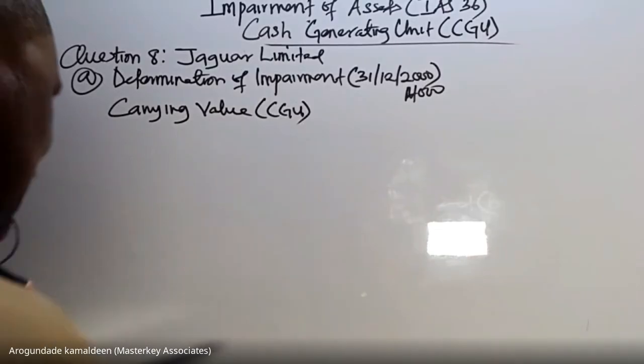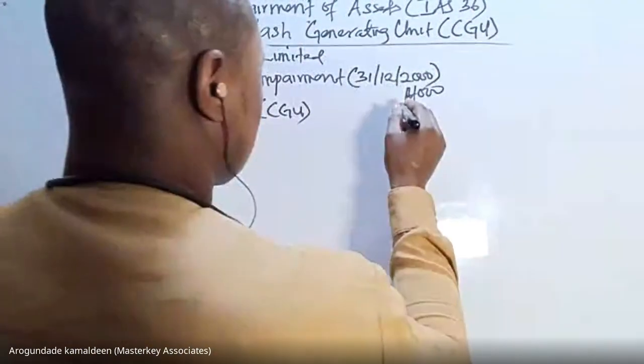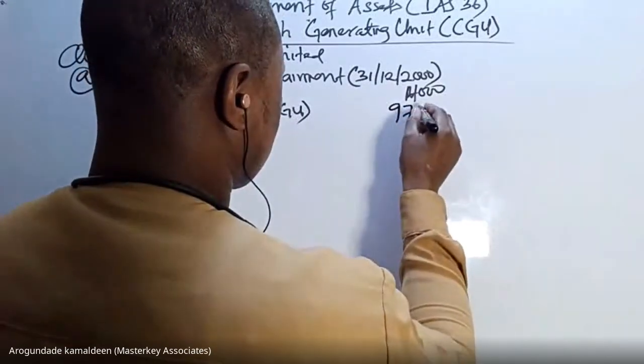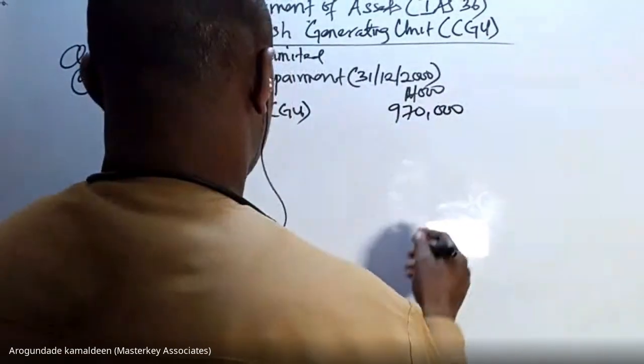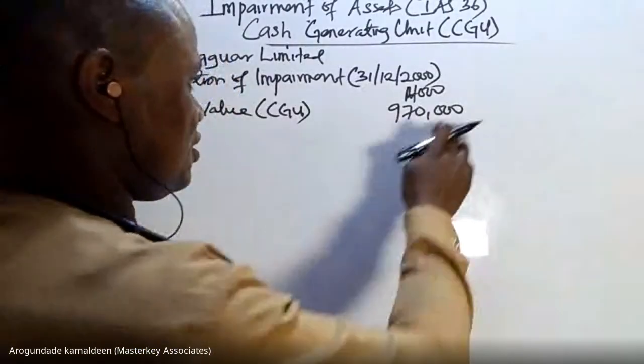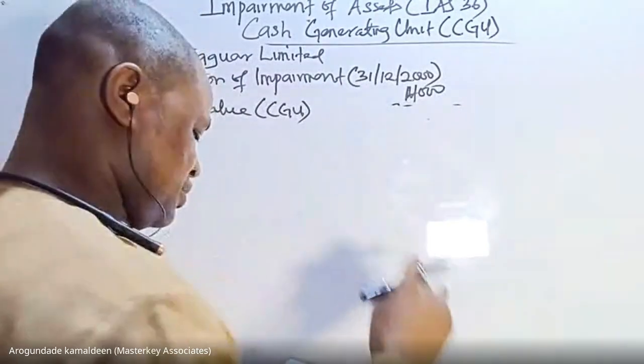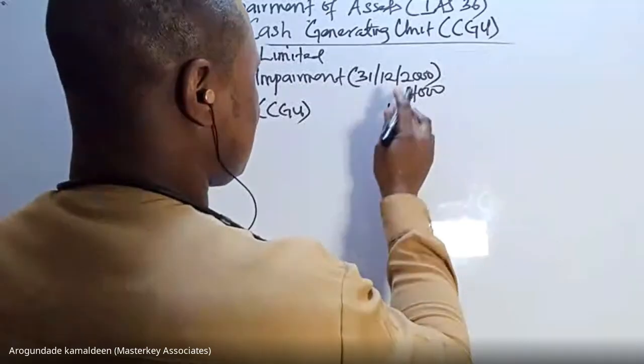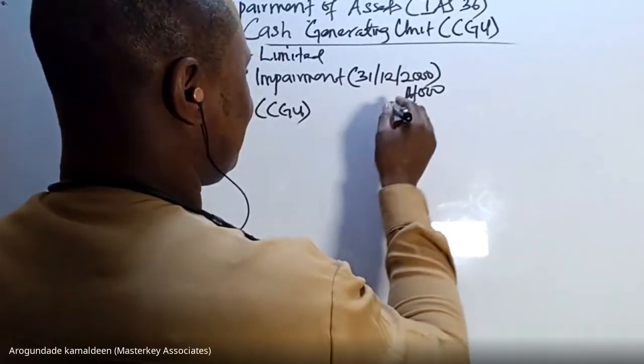Okay. Now, what is now the... It's wrong. Wait. Sorry. The carrying value is 1 million. 1,550,000. 1 million. I was like, what happened?